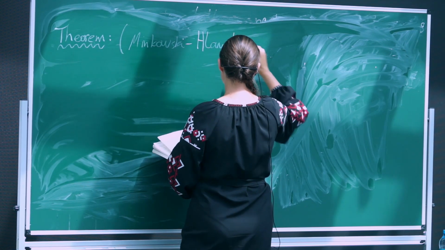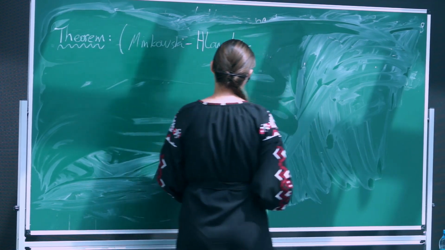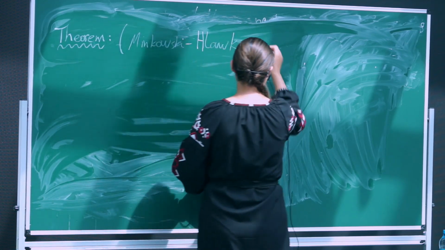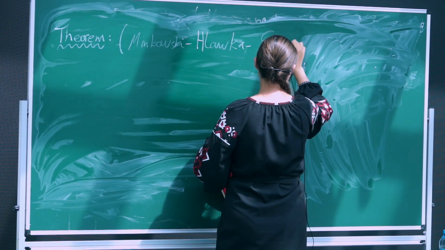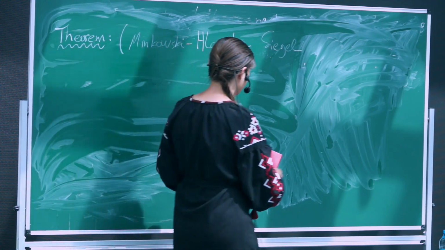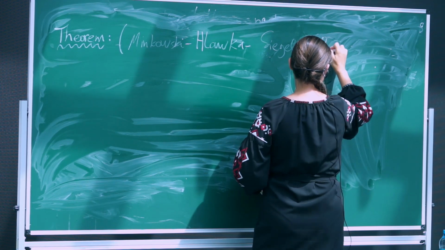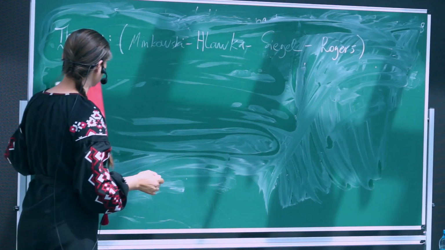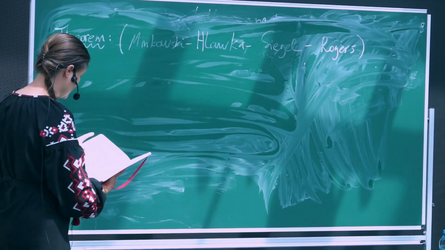There is a contribution of Hlawka, a Czech mathematician who worked at the beginning of the 20th century, then a contribution of Siegel, who wrote this proof in a rather conceptual way, and also an American mathematician, Rogers, who worked in the middle of the 20th century and contributed quite a lot to this topic.